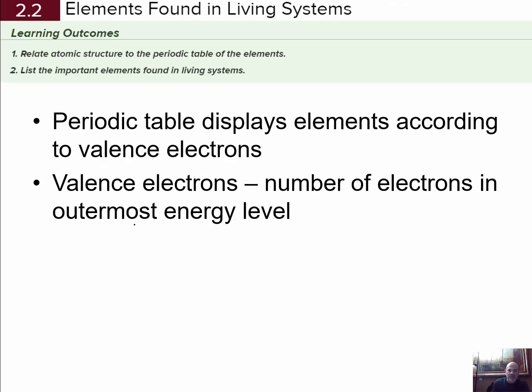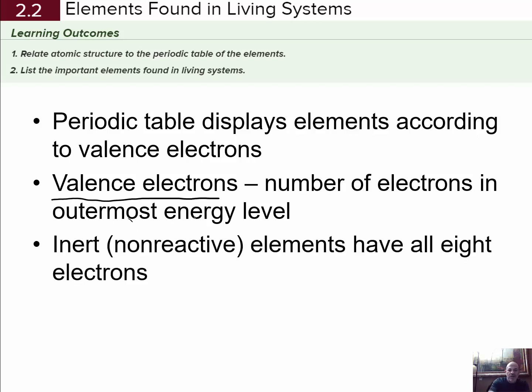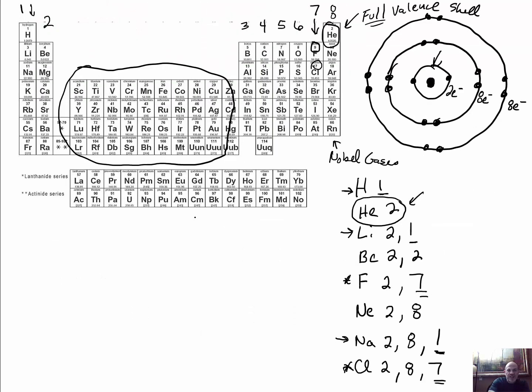So now when we go back and we interpret what it says here, the valence shell is the number of electrons in the outermost energy level, we can now go back to this periodic table and say, hey, we can tell right away, first column is 1 valence electron. Second column, they all have 2 valence electrons, and so on. And this makes your families of elements that behave a certain way.